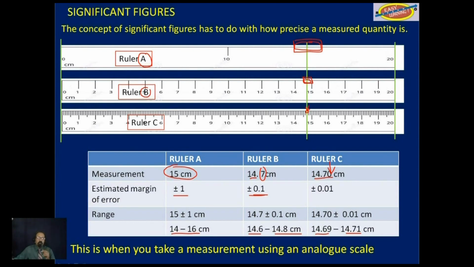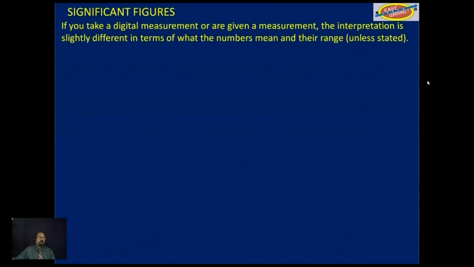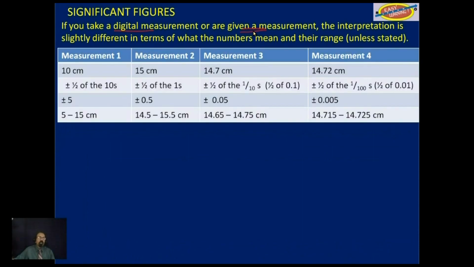Now this is when you take measurement using an analog scale, you determine your margin of error. However, if you take a digital measurement, or if you are given a measurement, then based on the measurement we will work out the error. 10 centimeters, for example, means that you are not sure about this one, so it could be anywhere from 5 to 15.